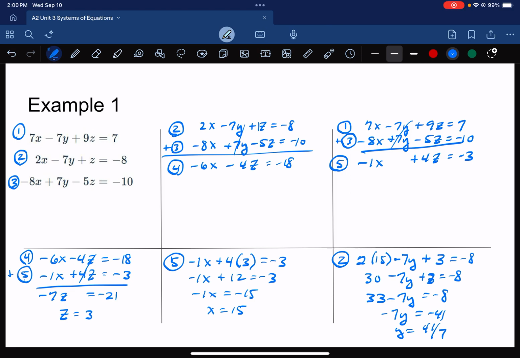Okay, so I've got 15, 41 over 7, and 3. And there's my solution right there.